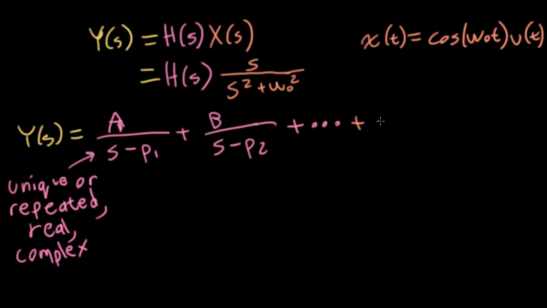And then we'll have a couple of terms in the expansion having to do with the poles of the input. So I'll have an s minus j omega naught. I like to put the positive imaginary pole first, and then I'll have an s plus j omega naught for the negative imaginary pole. And you could put whatever letter you want here.